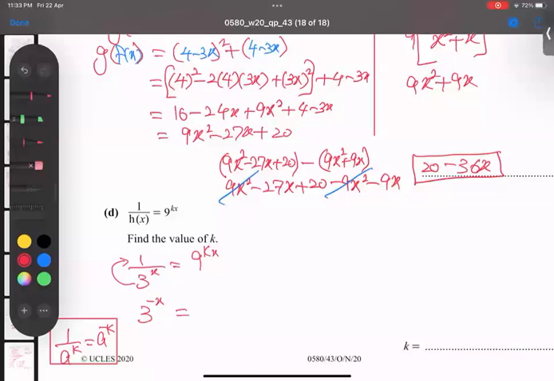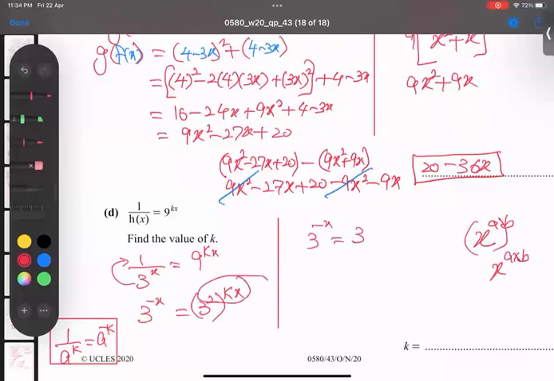So 9, what is 9? You know, 3 to power 2 and up top kx. Now finally 3 to power negative x, and here power to power, and you know it very well. x to power a and on the top b, so x to power a times b. This is the rule of multiplying.